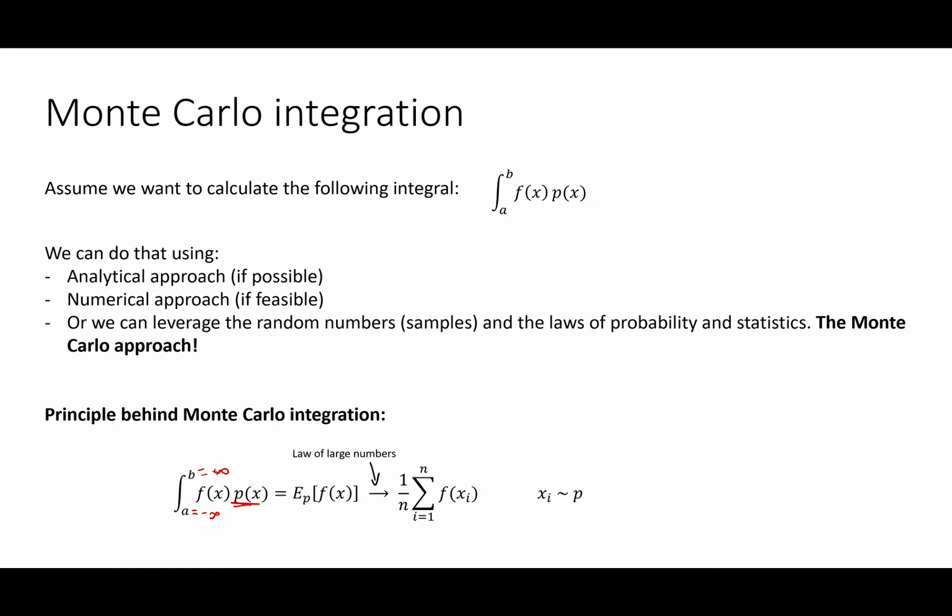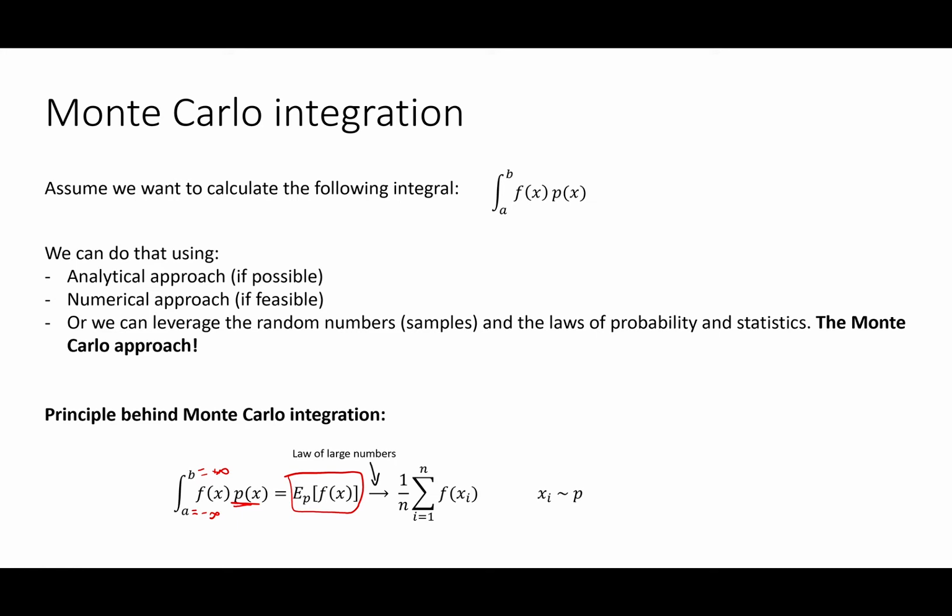So this is the expected value of f of x under some probability distribution p, and from the law of large numbers we can approximate this expected value, this integral, by an average as follows.